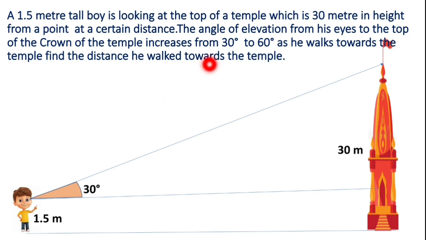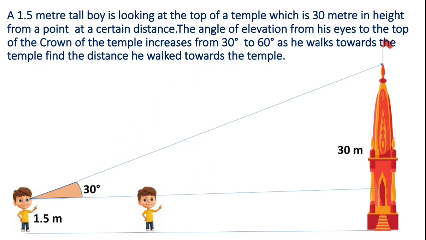After that the boy moves towards the temple, so just imagine that. Like this, the boy moves towards the temple, and from this new position, once again the boy observes the crown. The angle becomes 60 degrees now. The 30 degrees angle changes to 60 degrees.